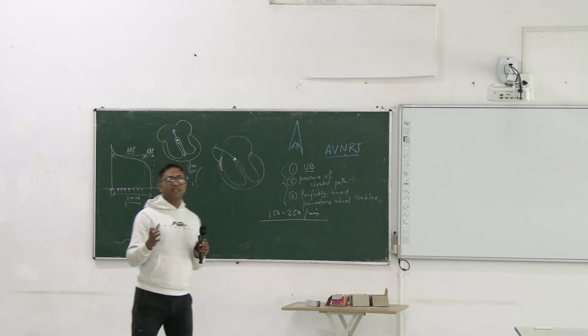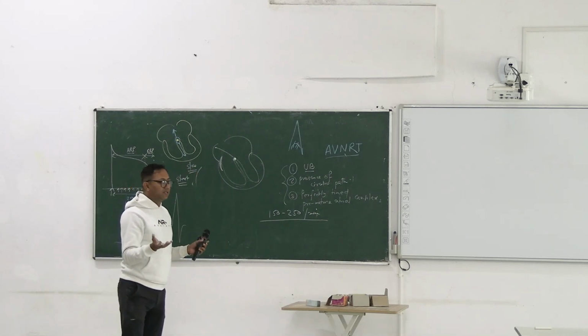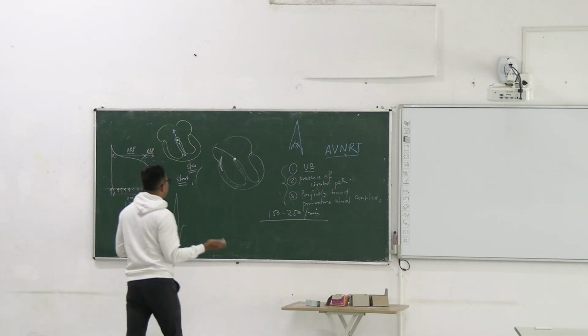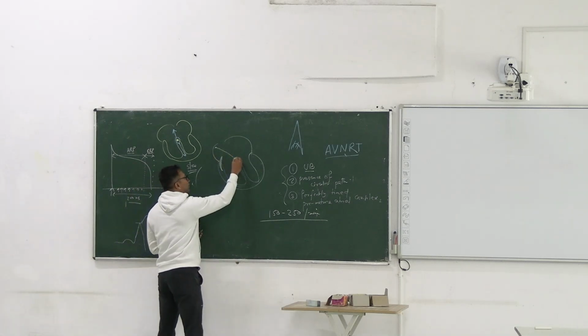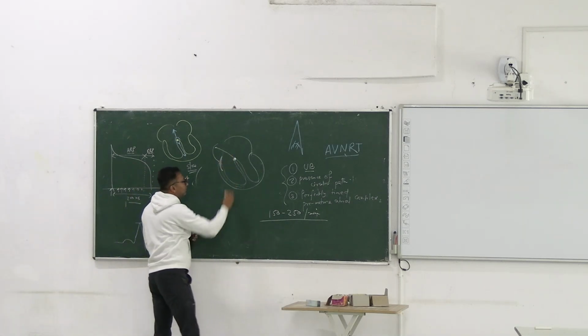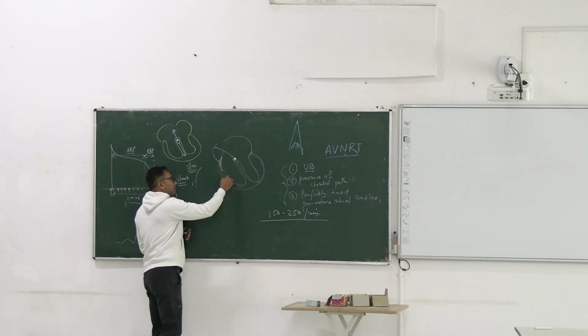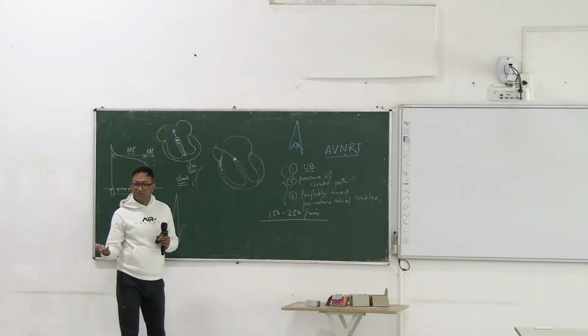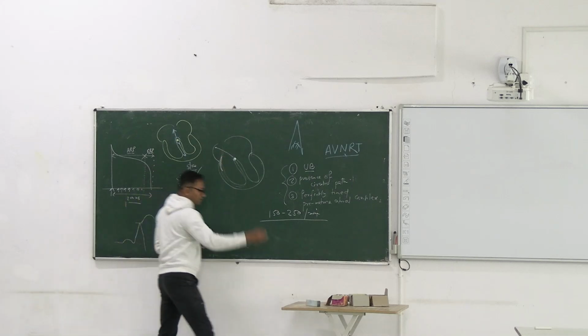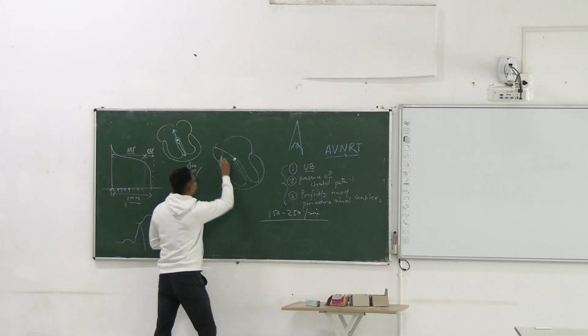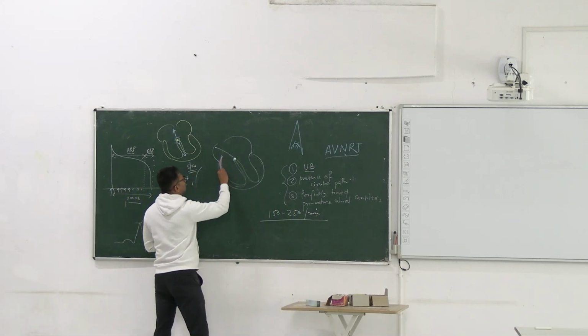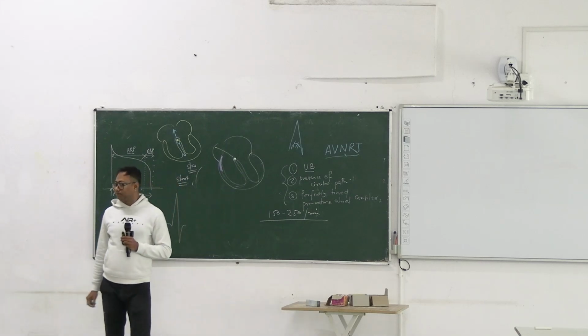But here there is a bypass. There are some signals which are bypassing the AV node and coming from atria to ventricle without checking, right? Because of this abnormal fiber, this abnormal pathway connecting atria to ventricle.